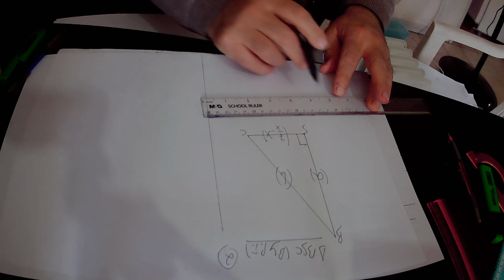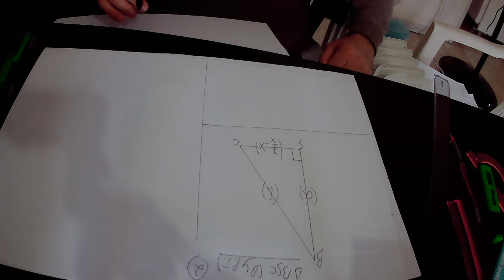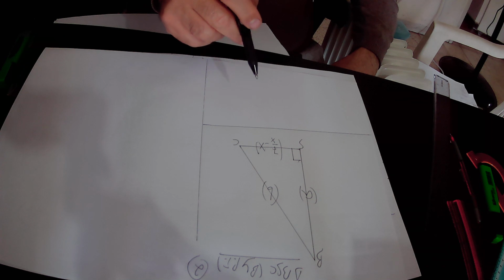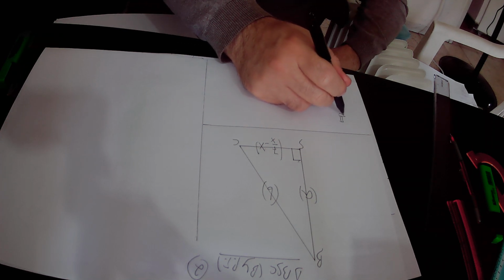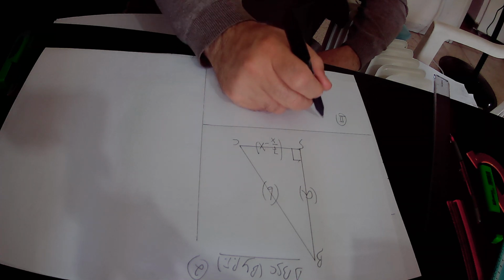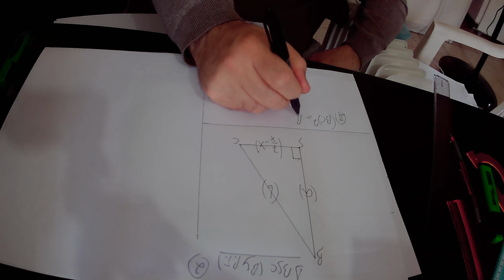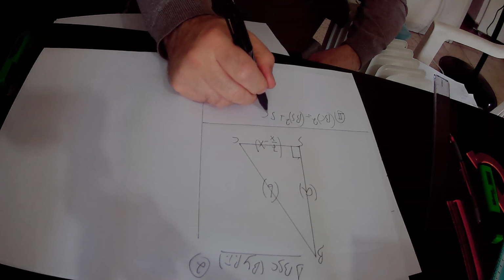According to the Pythagoras theorem, in any right triangle, the square of the hypotenuse equals the sum of the squares of the perpendicular sides. In the right triangle BSC, the hypotenuse is BC, and therefore the square of the hypotenuse will be BC square. And BC square equals BS square plus SC square.